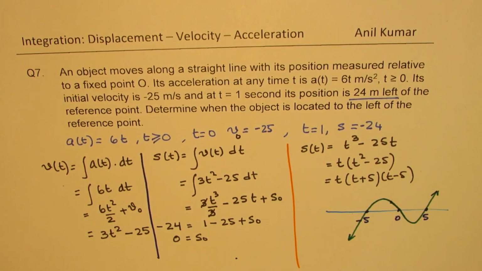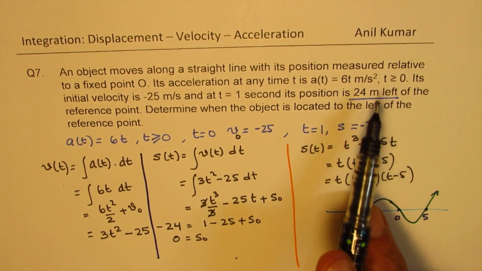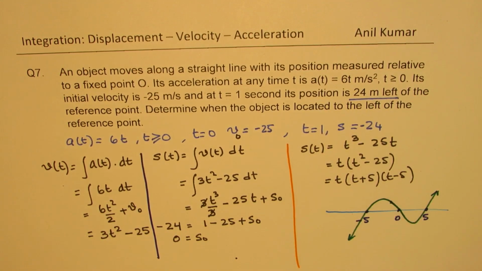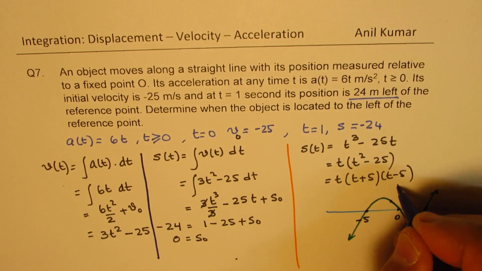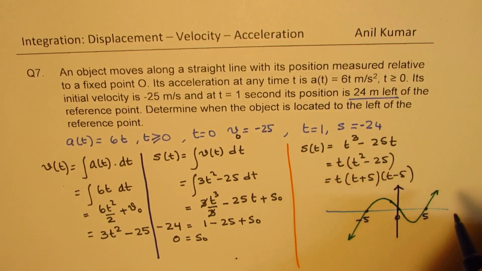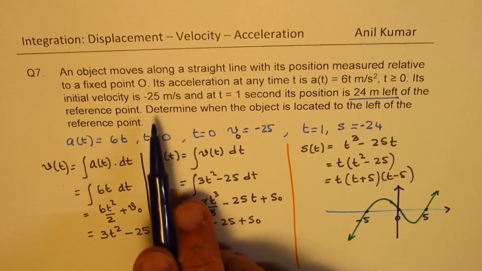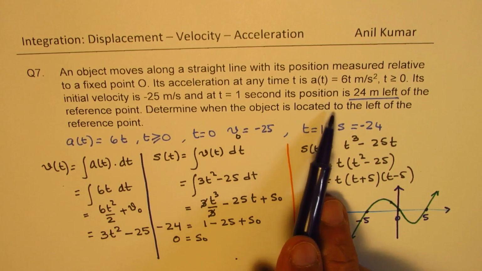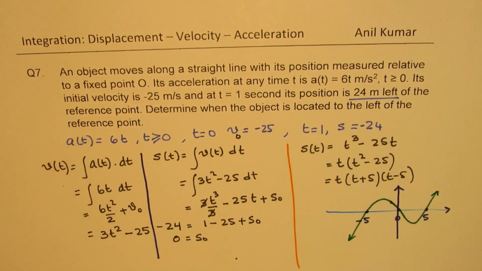So what we notice here is that we have to consider t greater than or equal to 0 only. So basically I should not be considering this half. We'll only consider this side, correct? So the question here is, determine when the object is located to the left of the reference point, right?